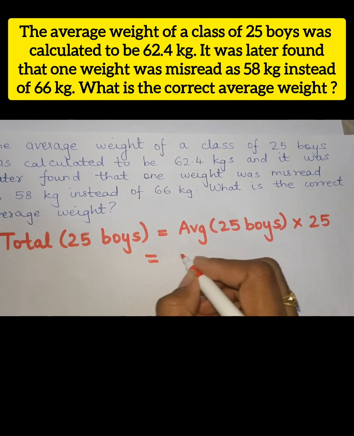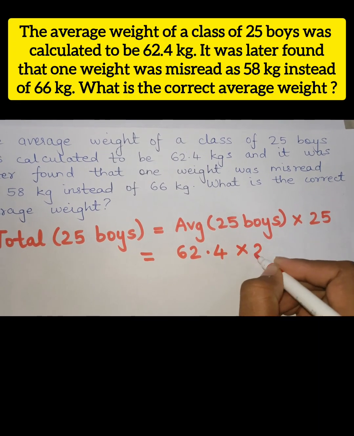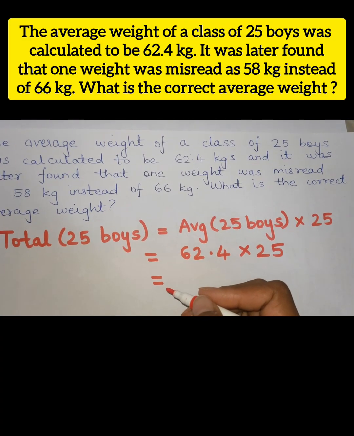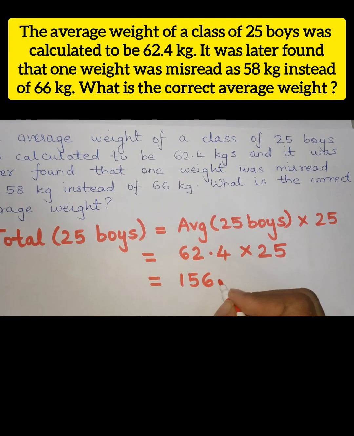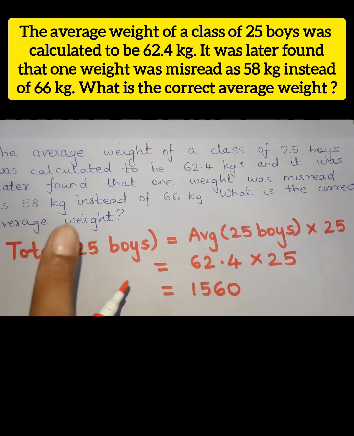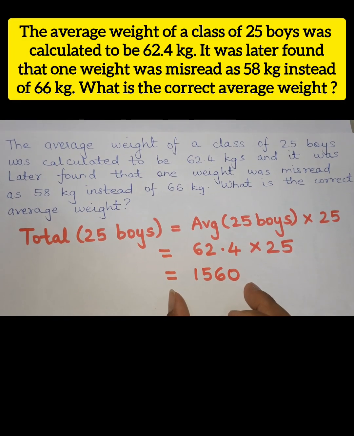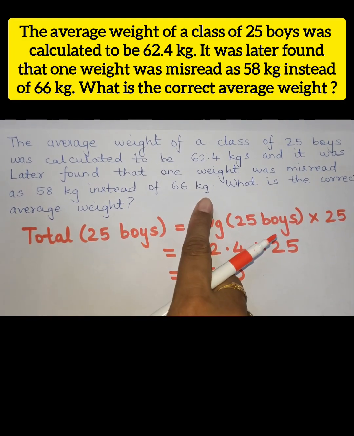Now the average of 25 boys is 62.4 into 25. If you multiply 62.4 into 25, you will get 1560. Now this is the total of 25 boys. In this, one of the values was written wrong. That is, we took 58 kgs instead of 66 kgs.